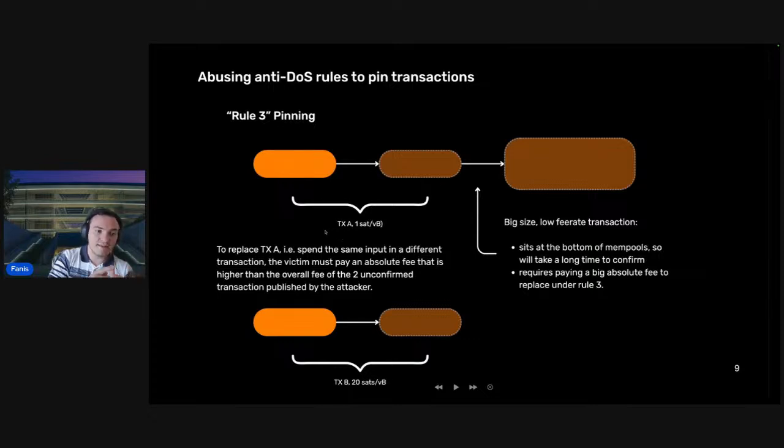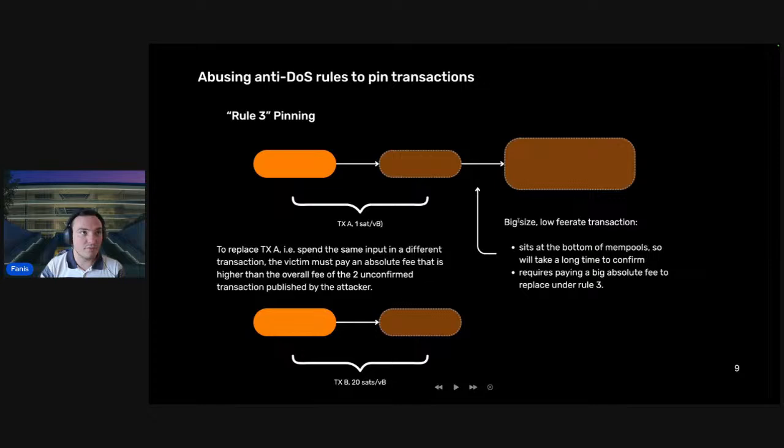You will need to pay the fees for TxA, plus the quite big fee of this child transaction, plus your own relay fee, but that's not a lot. And so this can be used to force a victim, for example, to pay a higher fee.